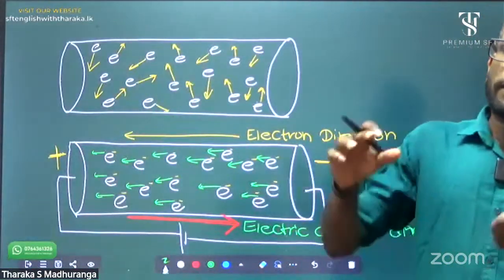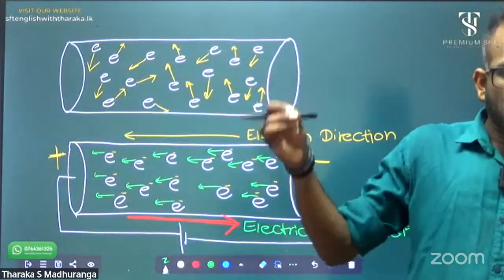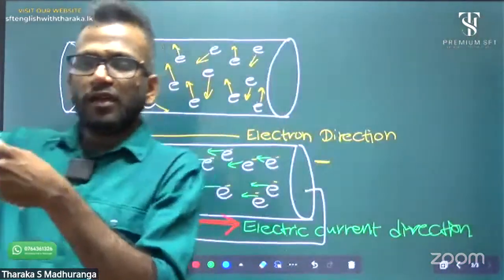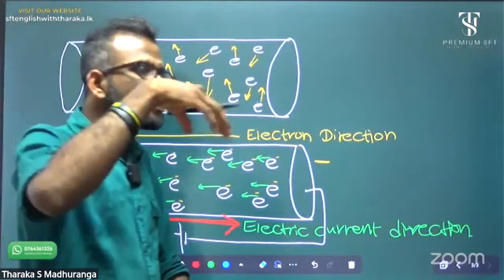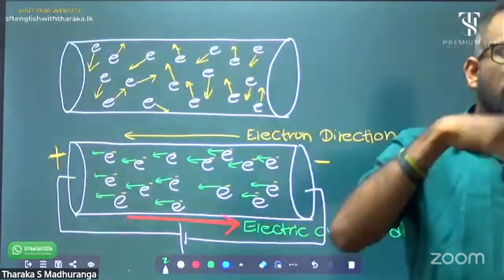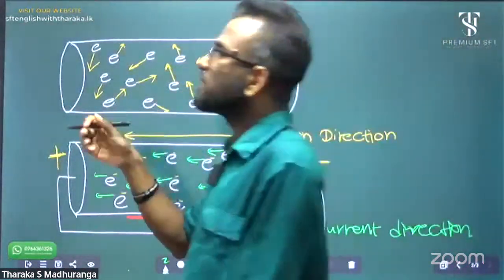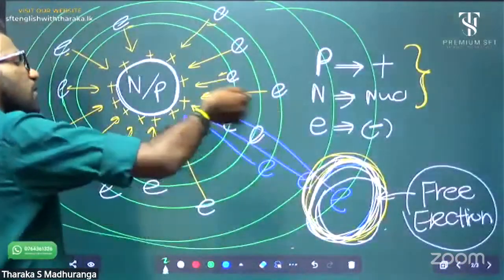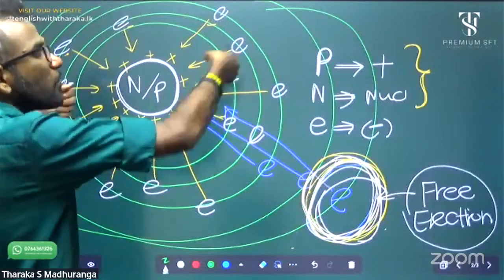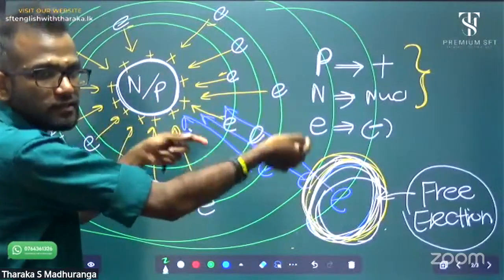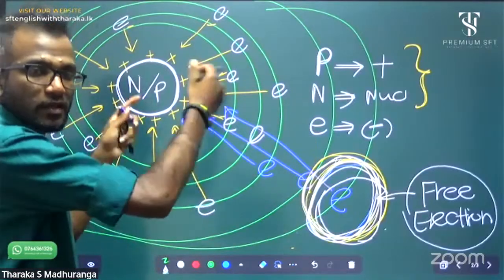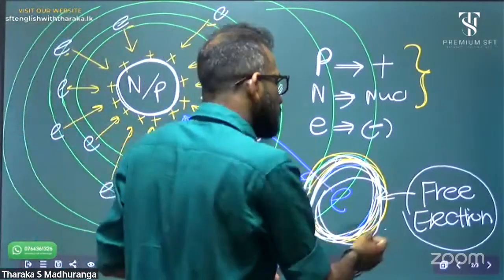I told you all molecules are made up of electrons, protons, and neutrons. Protons and neutrons are present in the nucleus, and the orbitals, the energy levels, contain electrons. Due to the positive to negative attraction, they are attracted to the nucleus, but when the distance from the nucleus increases, when the energy level increases, they convert to free electrons.